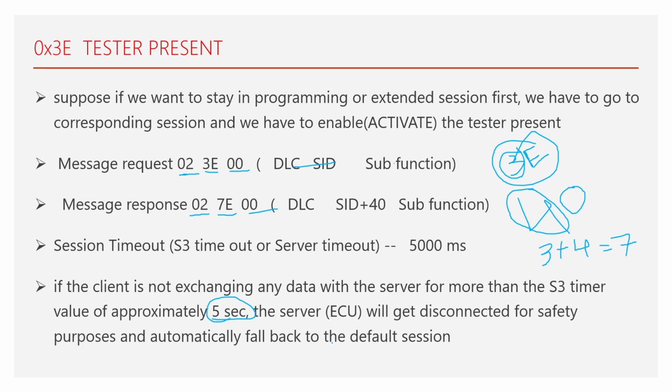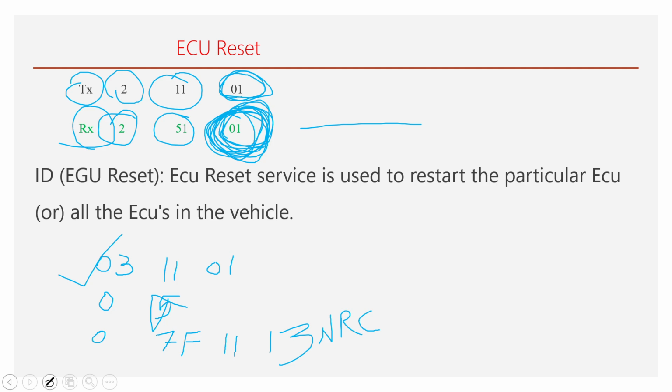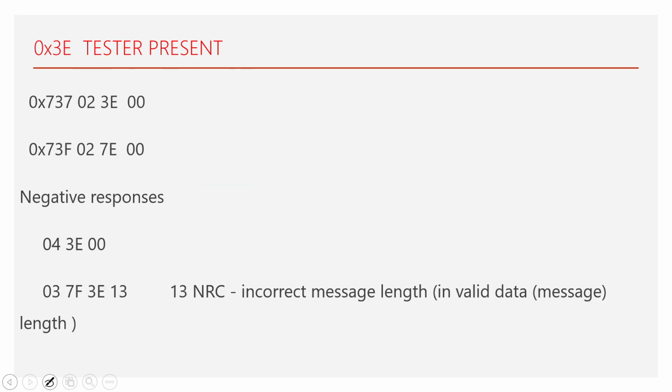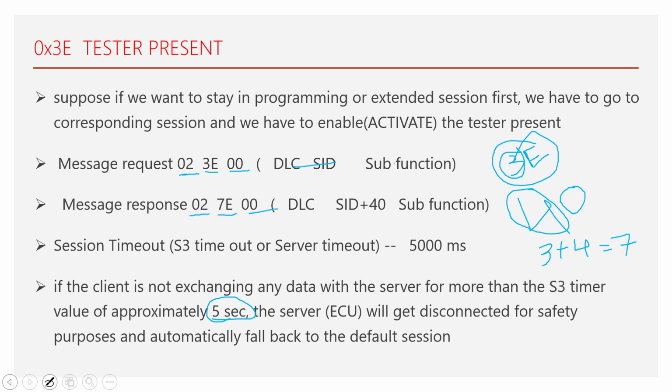The client gives you time to change your response. After 5 seconds, if you do not give a response to the client, the server takes your position back to the default session.